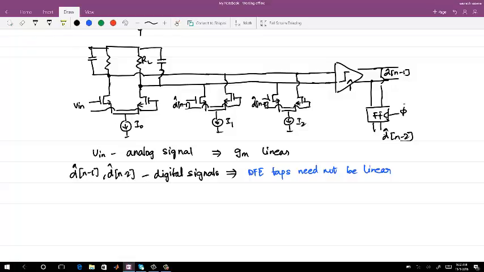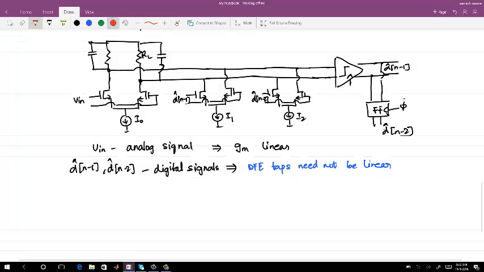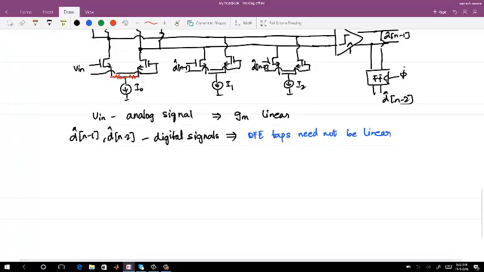There is this basic linearization thing by resistive degeneration. Have you heard of that? Let me just tell you. Resistive degeneration is having a resistance here. I'm just plotting the small signal. If this is RS, what is the effective GM of this transistor?